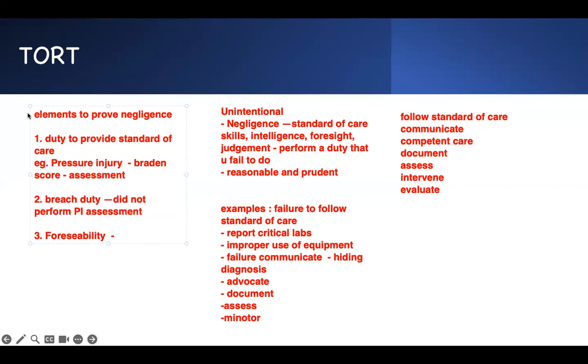That's all it means. So you should know that failure to do the assessment will cause harm, will let them develop a pressure injury. If you fail to do that, that's foreseeability.